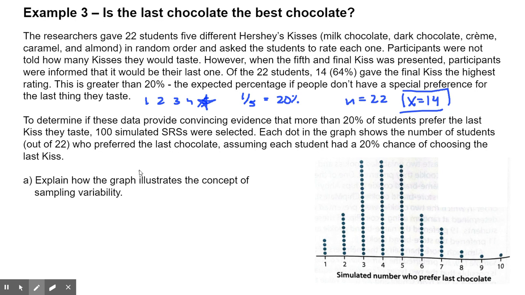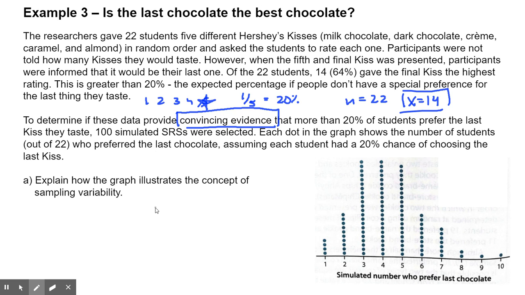Now, to determine if these data provide convincing evidence that more than 20% prefer the last kiss they taste, 100 simulated SRSs were selected. Each dot in the graph shows the number of students out of 22 who preferred the last chocolate, assuming each student had a 20% chance of choosing the last kiss. So again, we did simulated simple random samples.